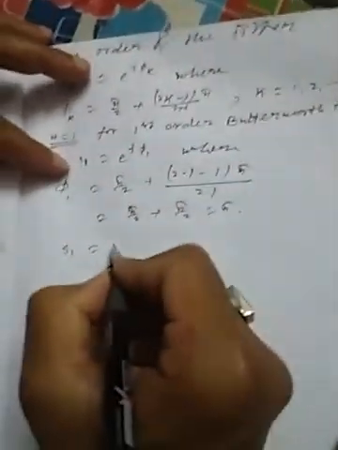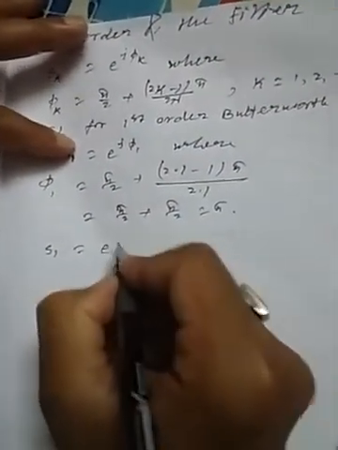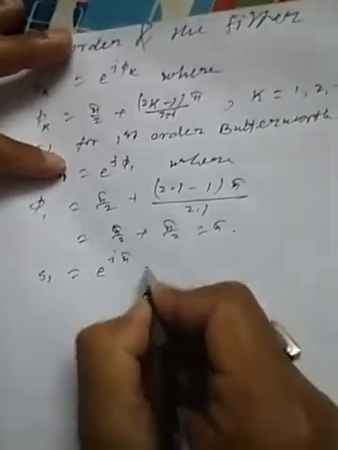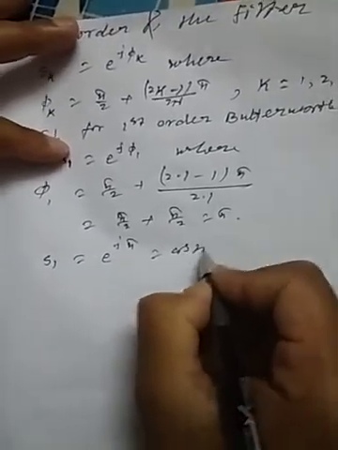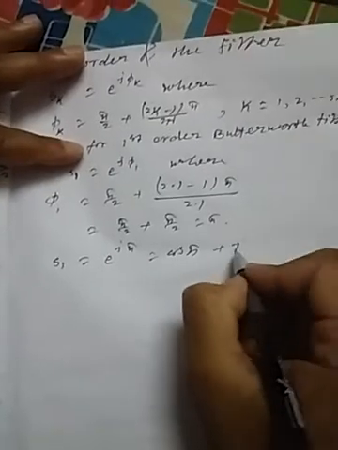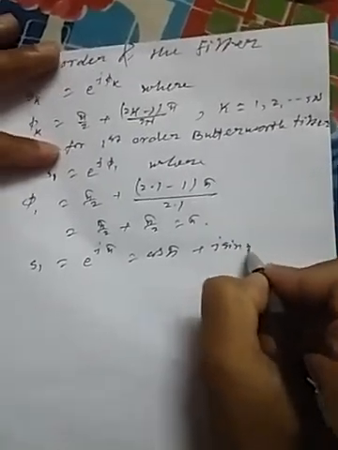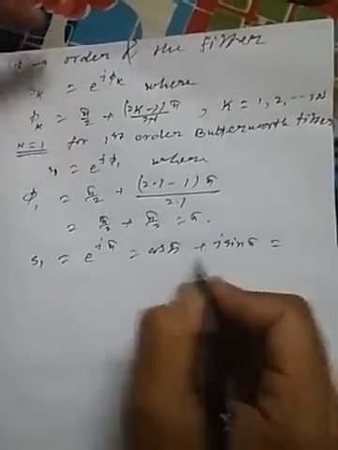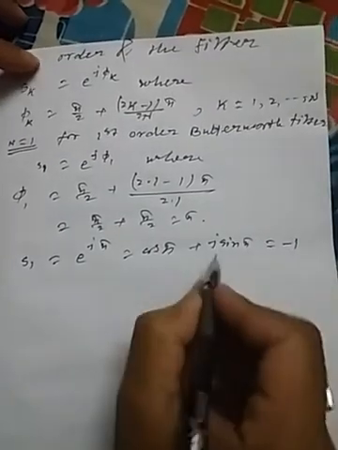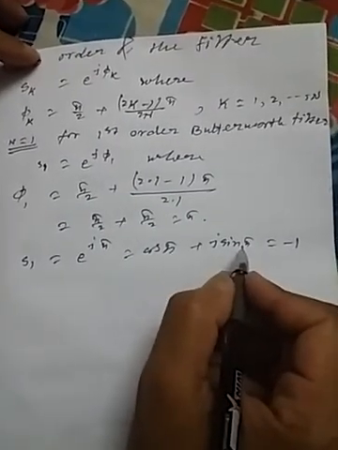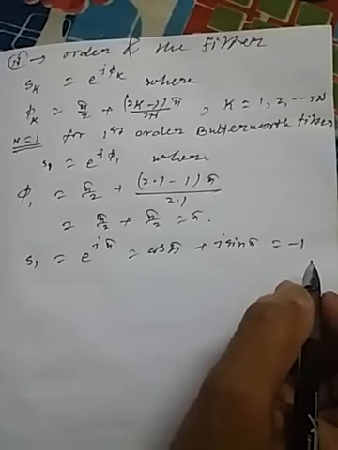Now when phi 1 is pi, then the value of s will be e to the power j pi. So it will be cos pi plus j sin pi. What is the value of cos pi? That is minus 1. And what is the value of sin pi? That is 0. So it will be minus 1.